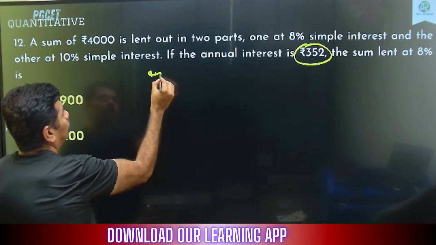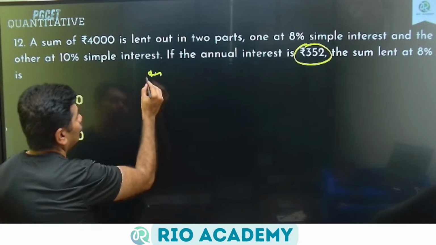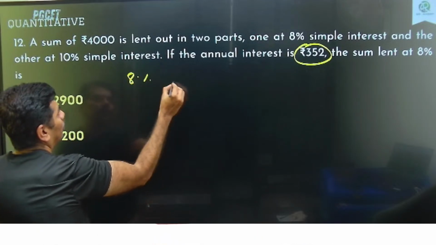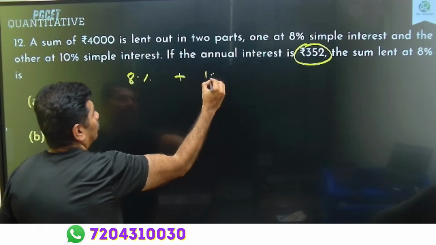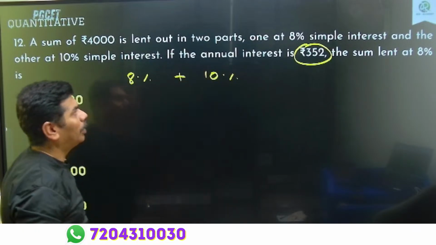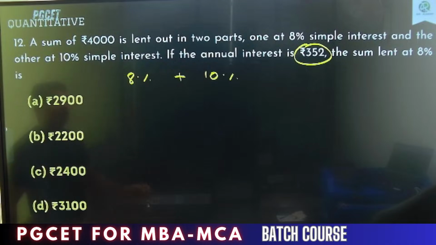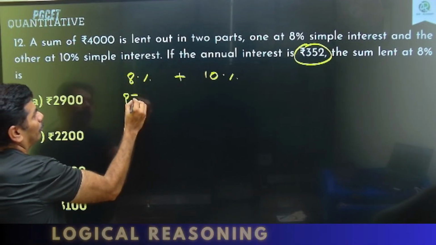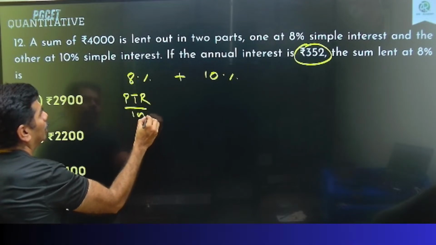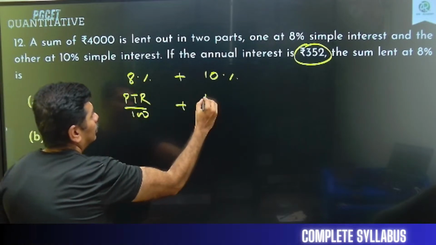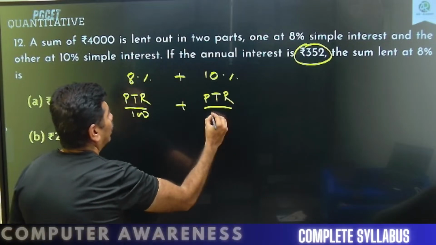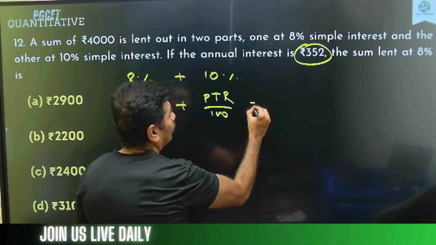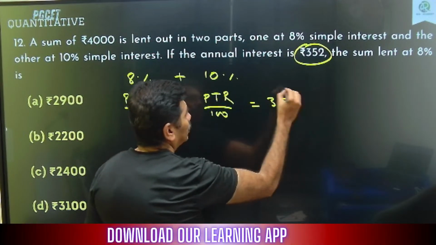One at 8%, the other at 10%. Okay, so let's write the formula for 8%. PTR by 100 at 8% plus PTR by 100 at 10%. So total will give you 352 rupees.